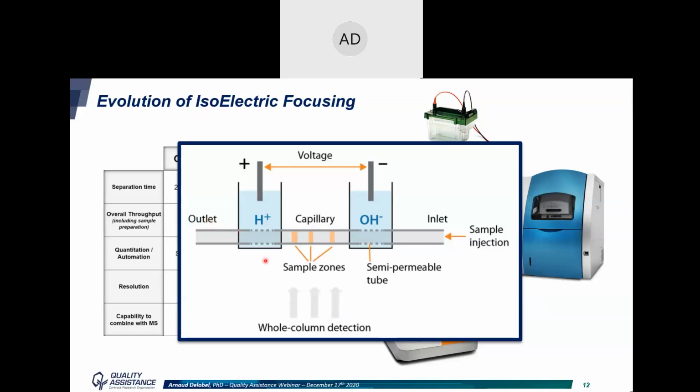When you do imaged CIEF, you focus your sample and you have a UV camera that is able to perform direct whole column detection. That means that you will take a picture of your capillary to have a view of your separation. So you avoid this mobilization step, and then you are able to improve the resolution.